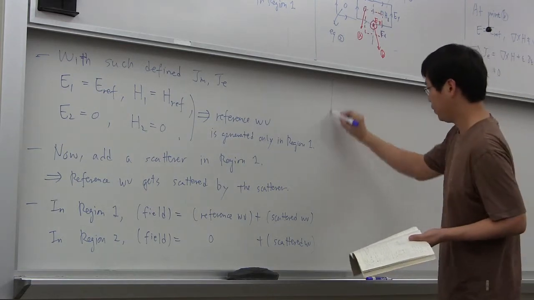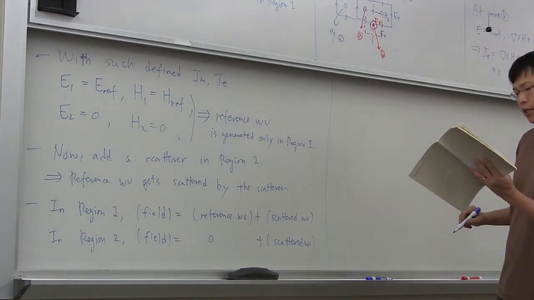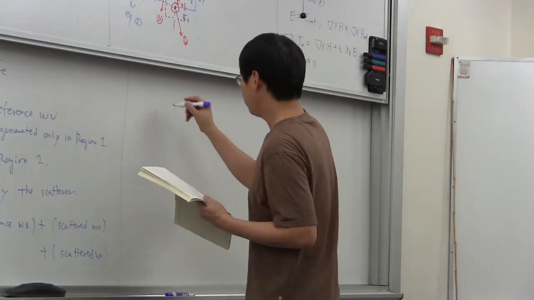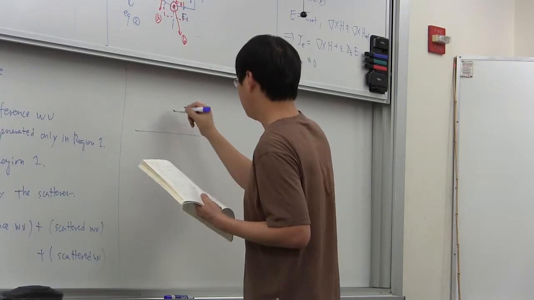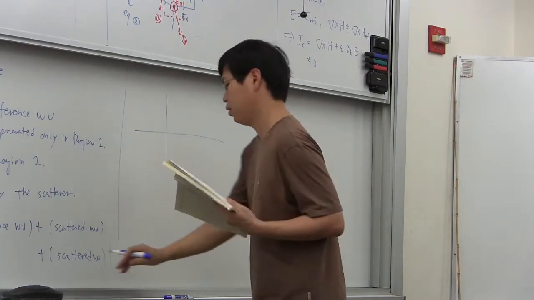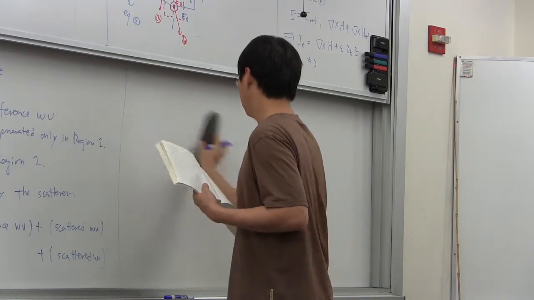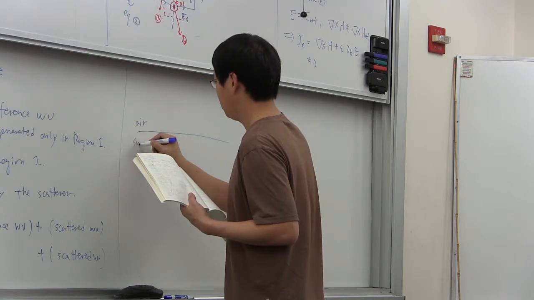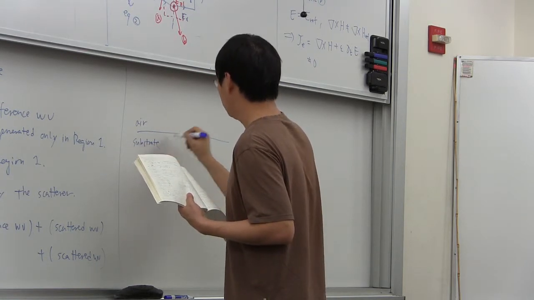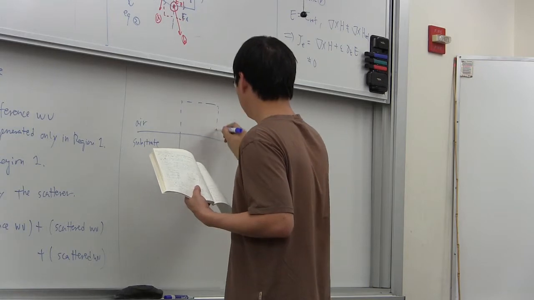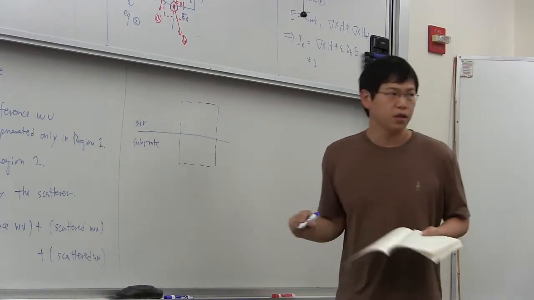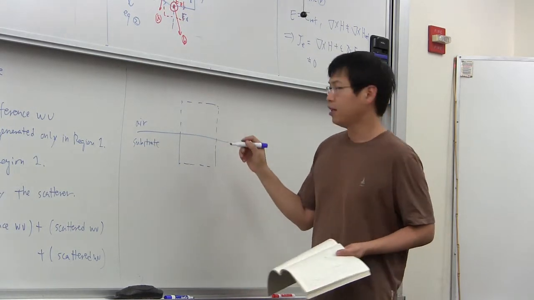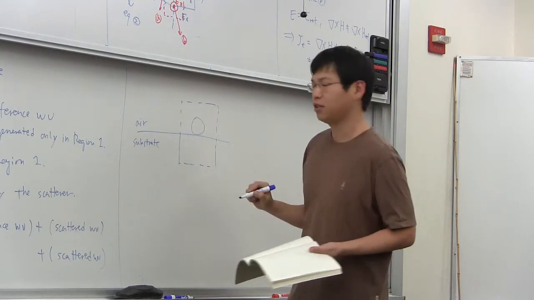So I'll show the movies soon, but you had this kind of setup, and you had a reference wave generated inside the box, right? And let's say you put some scatter here.